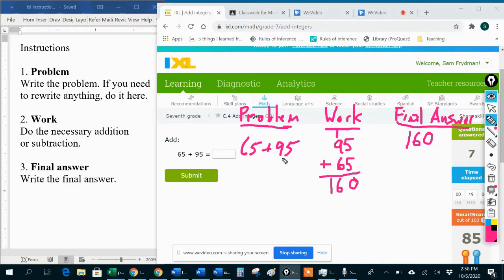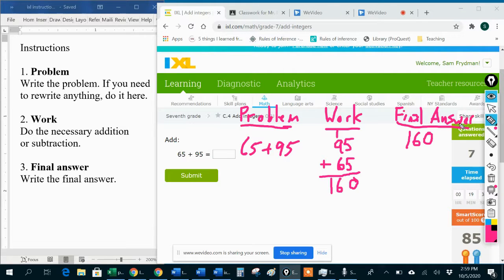This problem that you could have solved in elementary school, 65 plus 95, it's still just 65 plus 95. The answer in third grade was 160, and it's still 160 even if you're in seventh grade or eighth grade or whatever. Okay, so just because you're learning now about negative numbers, please don't forget what you already knew in elementary school, because this is just an elementary school problem here.